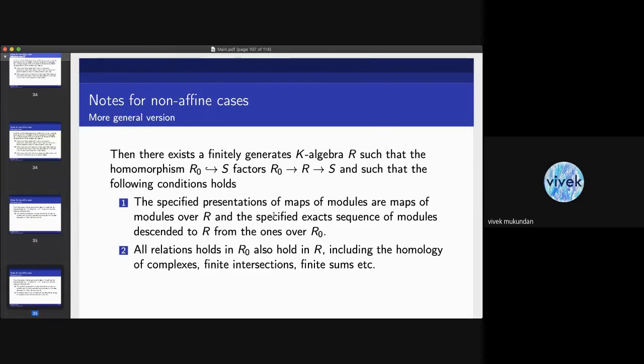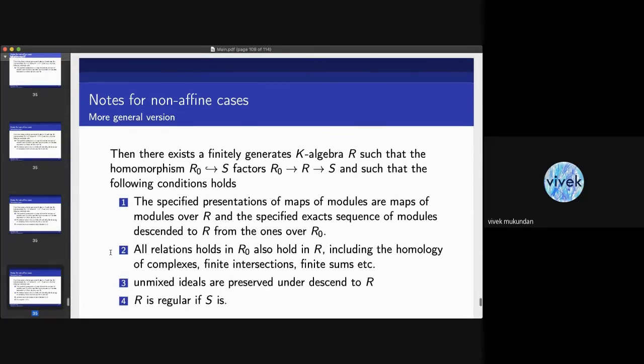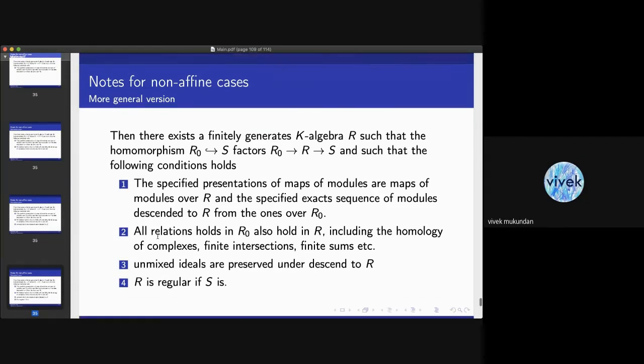And all the relations in R0 also hold in R, including the homology of the complex and finite intersections, everything goes over to R. And unmixed ideals are also preserved in R. And the ring R is regular if the original complete local ring S is. So all of these properties which you had in a complete local ring can be pushed further to a finitely generated K algebra.